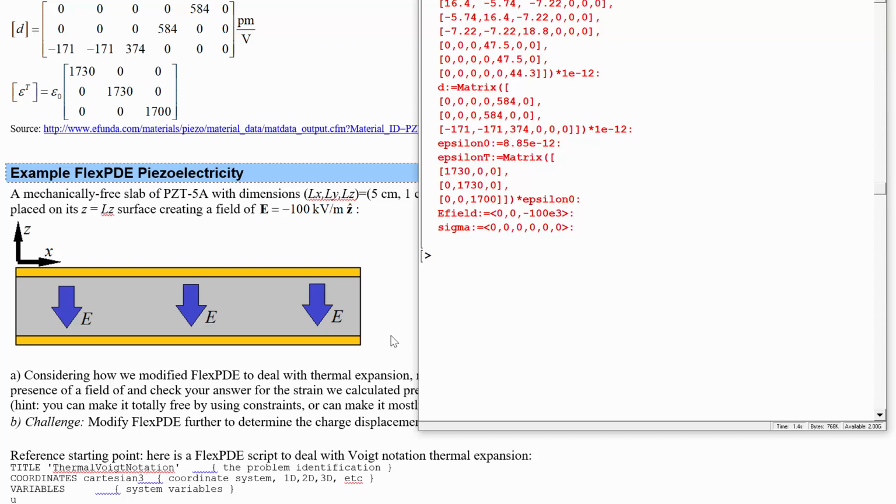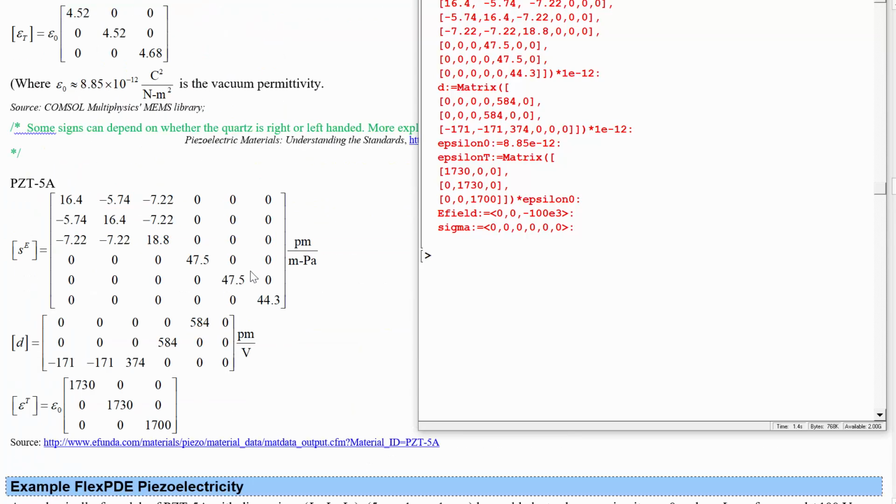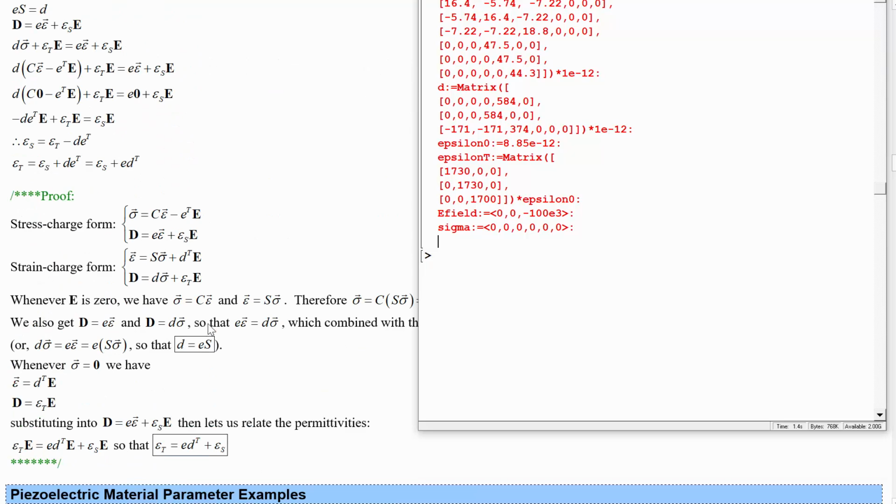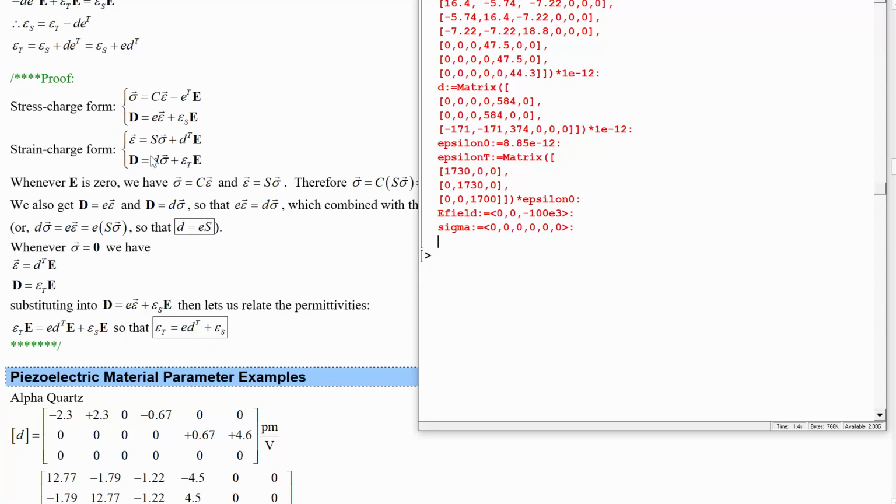So the piezoelectric coupling coefficient matrix that we have is going to allow us to figure out what the strain is in this strain charge form. Vector epsilon, the strain, is equal to S dot sigma plus D transpose dot E. So is this going to work?